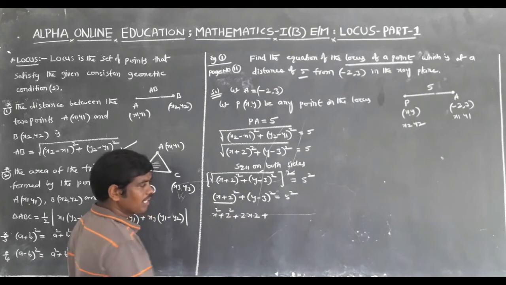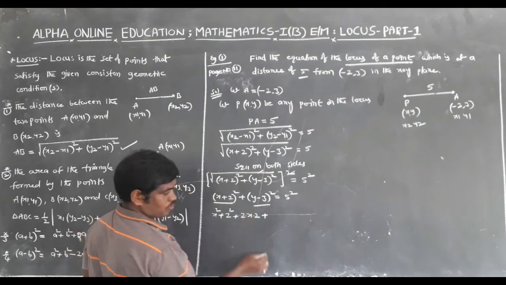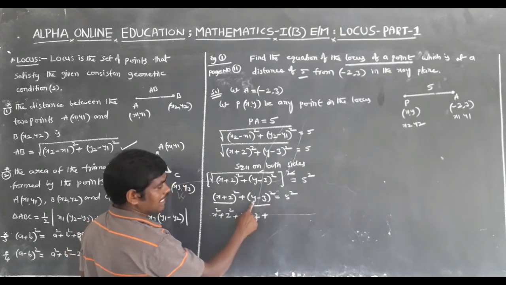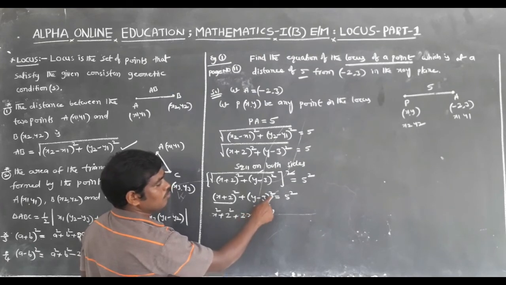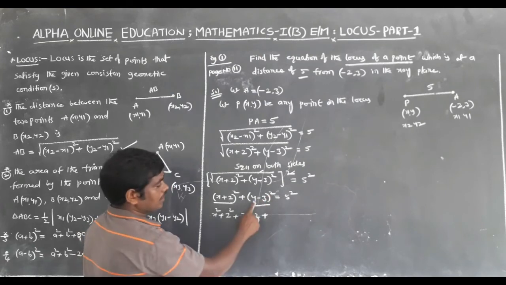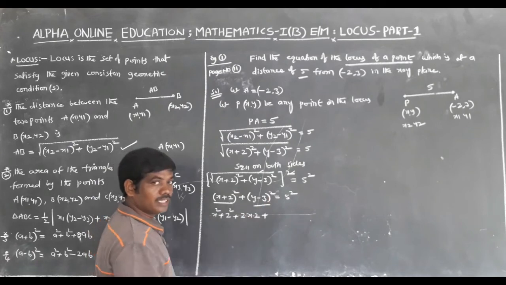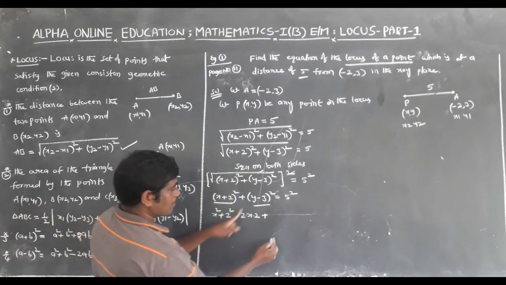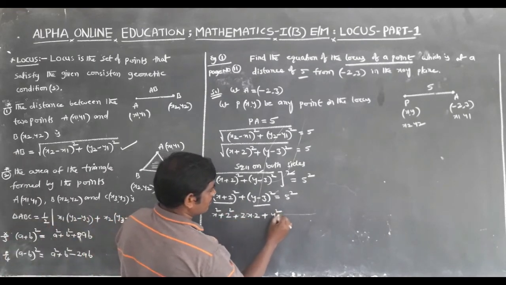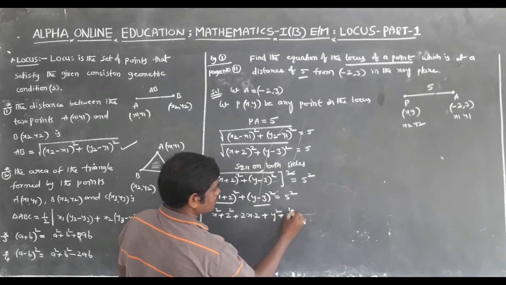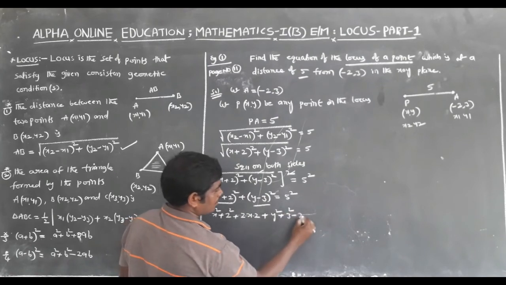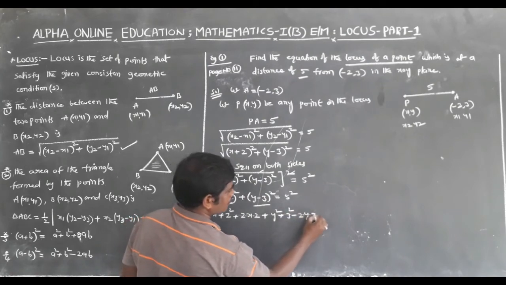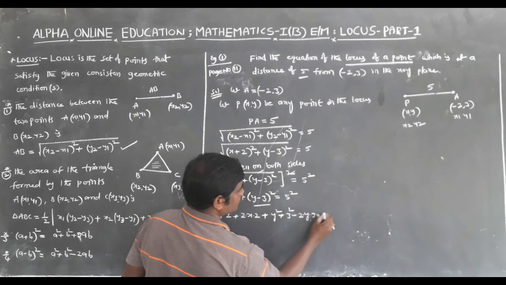Again (y minus 3) whole square using (a minus b) whole square, which is a square plus b square minus 2ab: y square plus 9 minus 2 into y into 3.